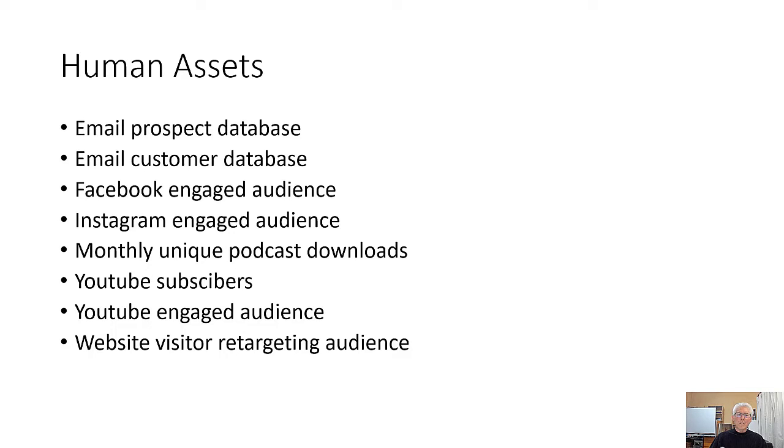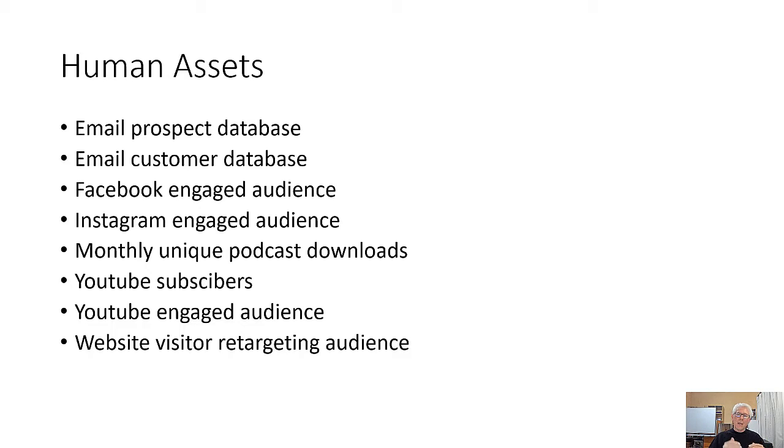With your Facebook, Instagram, and YouTube audiences, it's ideal if you can build those up to 5,000 plus. It's really about filling up your pipelines and building a matrix of human assets that we can leverage and that we can start to really work with.